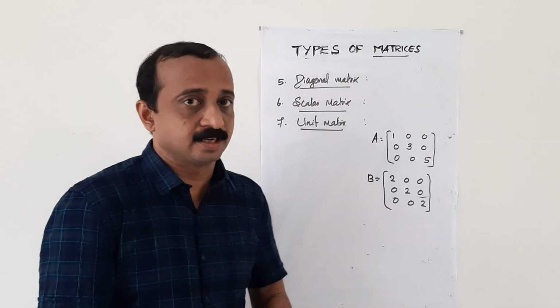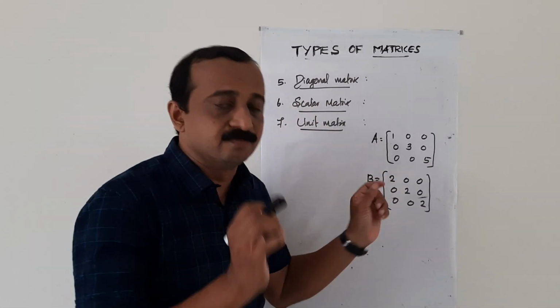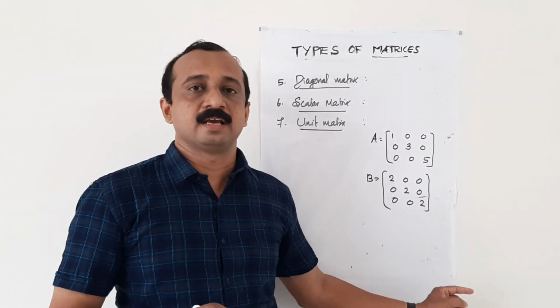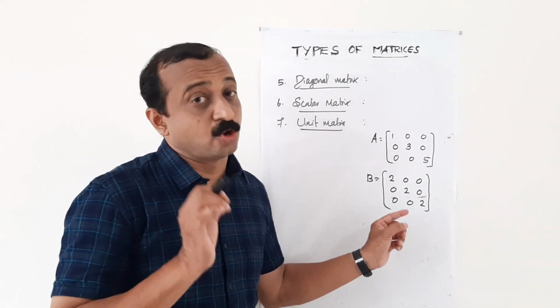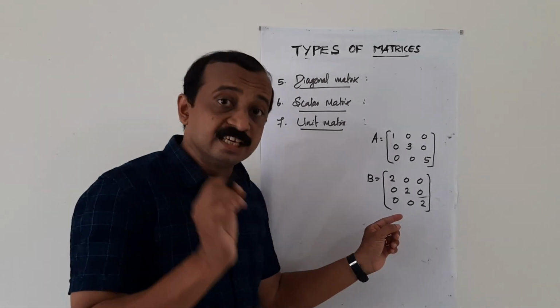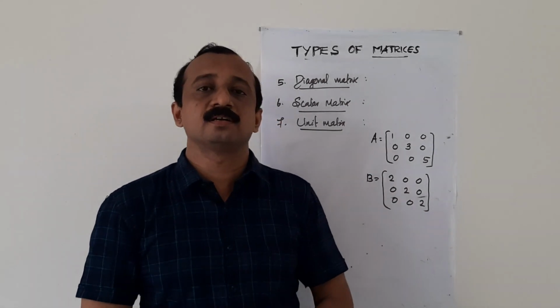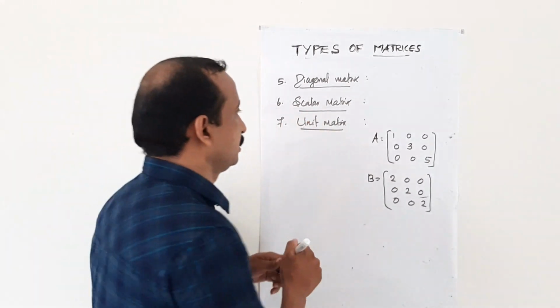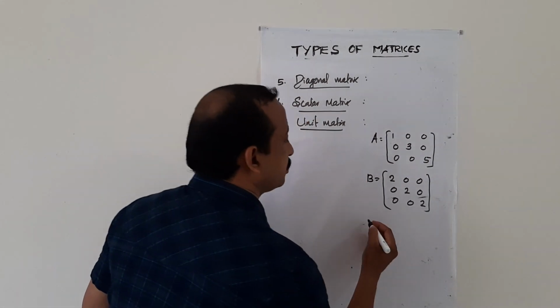Our definition says that a diagonal matrix in which the non-zero elements are equal, such type matrix is called scalar matrix. And our last type matrix is unity matrix.